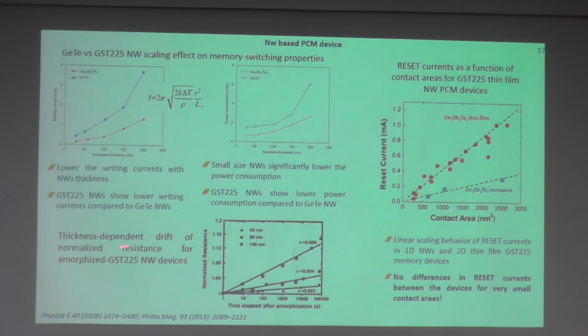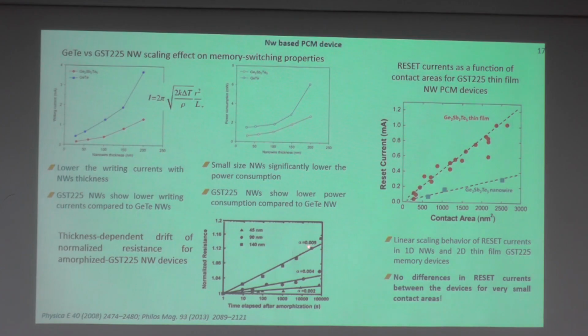Also, resistance drift was measured for nanowires, and it's also a function of the size. If you start here for larger sizes like 100 nanometers, and reduce to 45 nanometers, you can see that the value of resistance drift, this is alpha, reduces a lot.